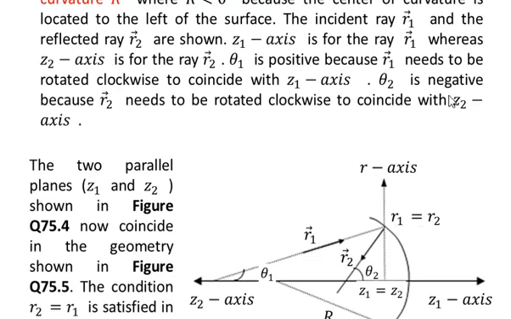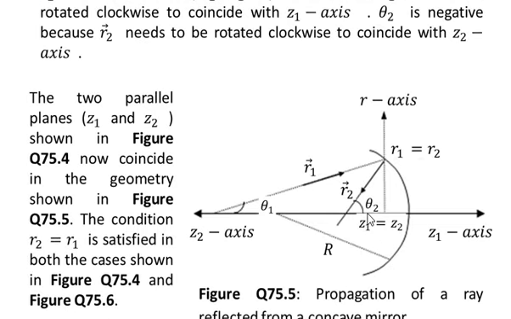So theta 2 is negative because R2 needs to be rotated clockwise to coincide with the Z2 axis. So here theta 2 will again be taken as negative, because if you want the ray R2 to become parallel to the Z2 axis, you need to rotate it in the clockwise direction. So theta 2 is negative.